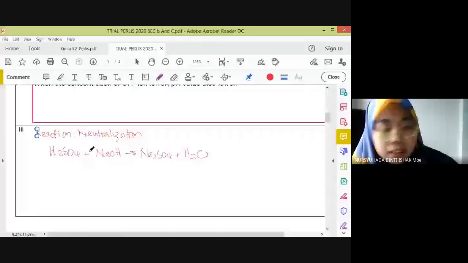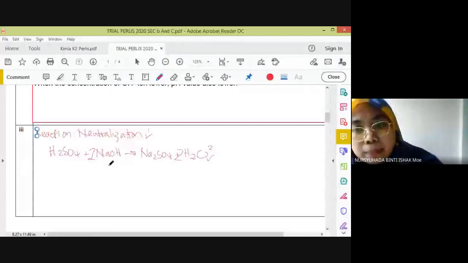Okay, now kita balancekan. We put 2 here. Okay, then one more, 2 in front of water. Okay, 2 markah. So ni 1 markah. Ini 2 markah. So 3, and then they ask you to calculate what is the concentration of sulfuric acid.